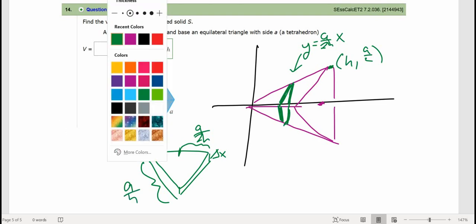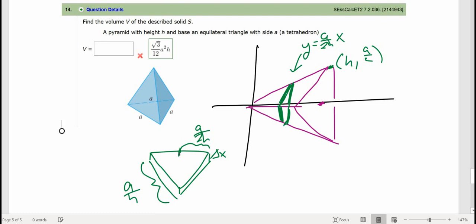Okay. Now the other piece of information we need then is whatever the height of that triangle is. It's an equilateral triangle because it's a on all sides, right? So we know they're all 60-degree angles in there, and so proportionally, this is the square root of 3 over 2 times whatever the other side is. So that's a over h, over 2h.